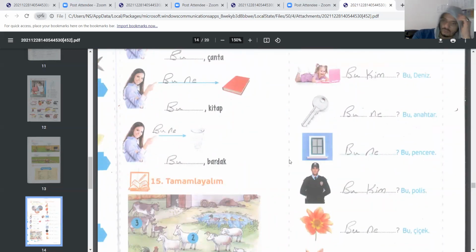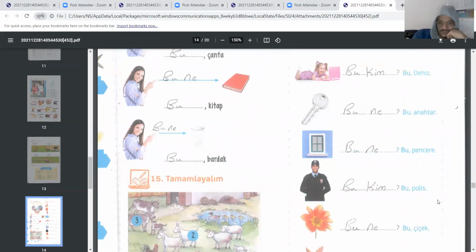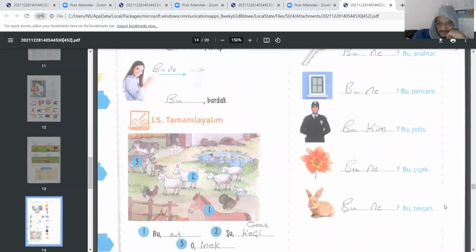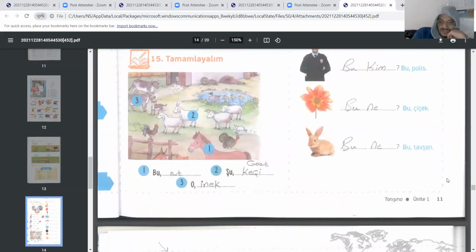Here we can't say bu ne. Bu kim, bu polis. Bu ne, bu çiçek, flower. Bu ne? Bu tavşan. That means rabbit. Here let's take a look at first. Bu at, that means horse. Şu keçi, that means goat. Şu inek, or we can say cow.